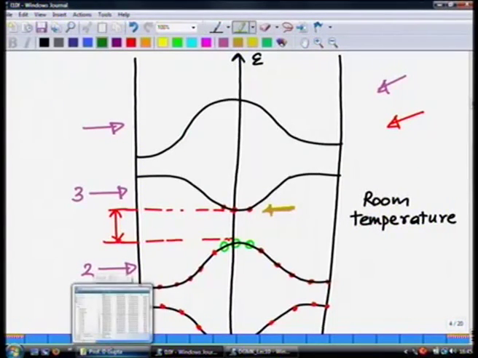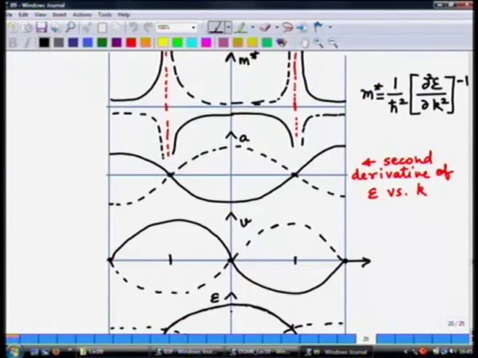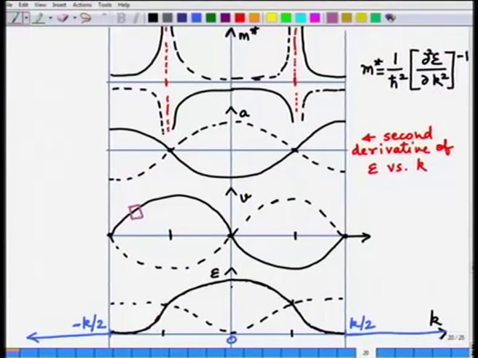Let us go back to this picture. You will see that for every velocity I am showing you here, this portion here, whatever is the velocity, exactly symmetrical, because about k equal to 0, I will find a point where there is a negative velocity. For every positive velocity here like this, I will have a negative velocity.